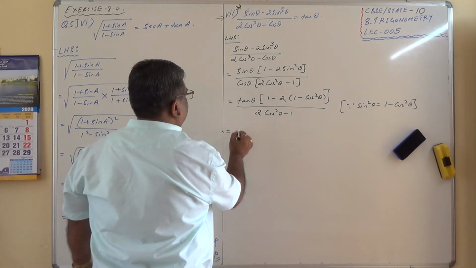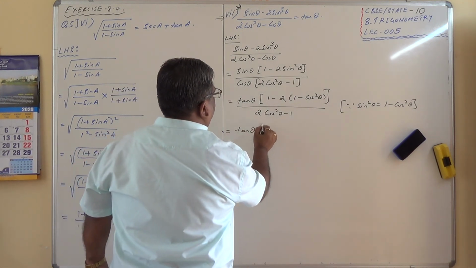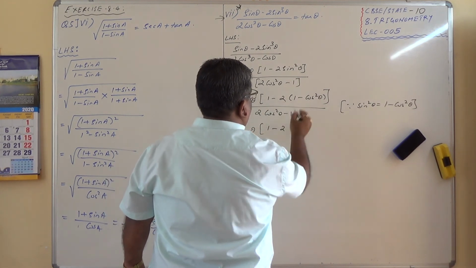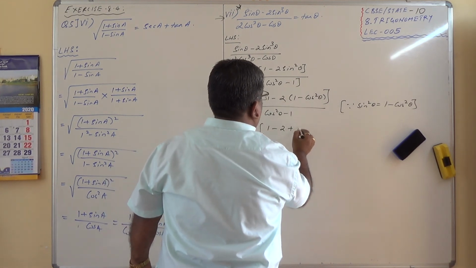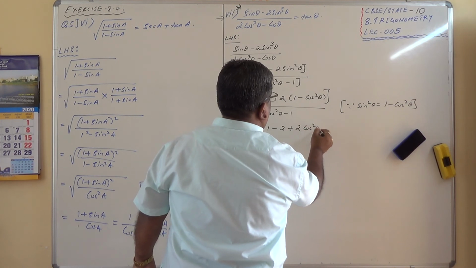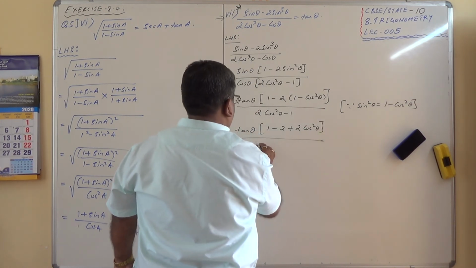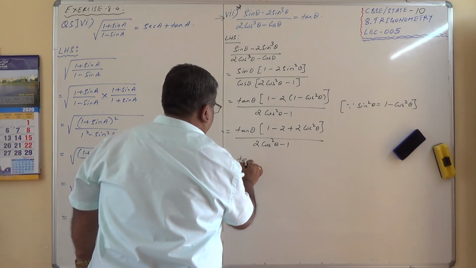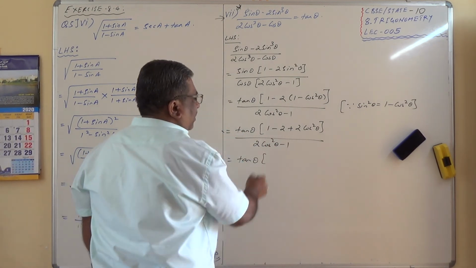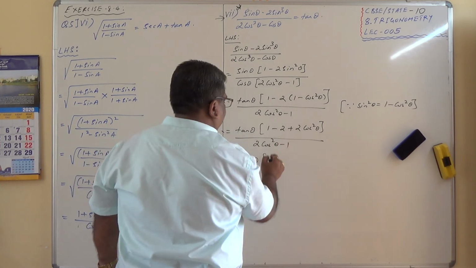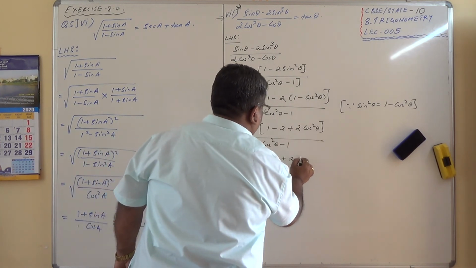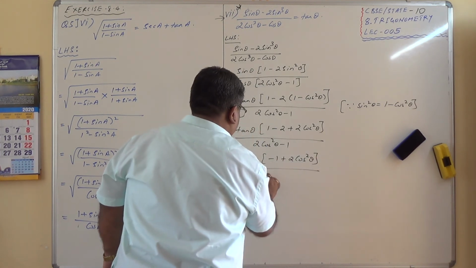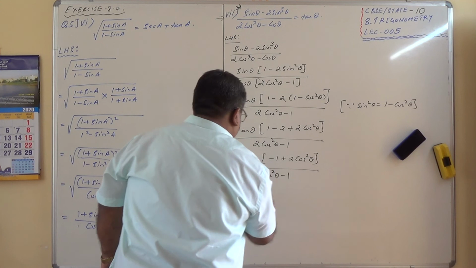That is the reason here. So this equals tan theta into bracket 1 minus 2 minus of minus plus 2 cos square theta divided by 2 cos square theta minus 1, which equals tan theta into bracket 1 minus 2 is minus 1 plus 2 cos square theta divided by 2 cos square theta minus 1.